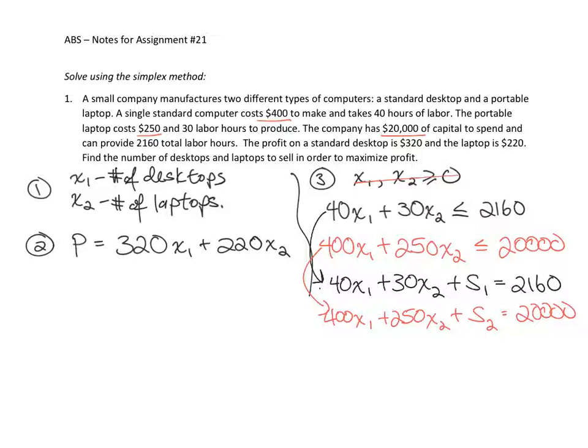And then over here with the maximize equation, the profit equation, remember P has to remain positive. And so we'd have negative 320x sub 1 minus 220x sub 2 plus P equals 0.